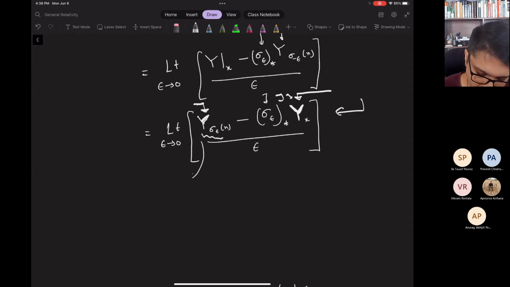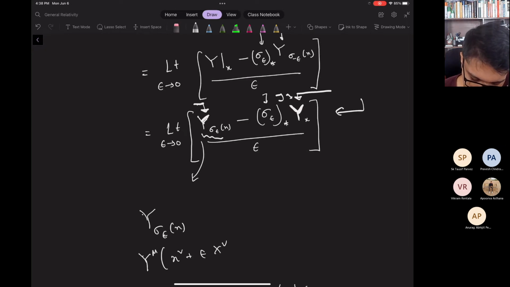then this would have still been your regular y at sigma epsilon of x, which is y mu at x nu plus epsilon x nu. And this is evaluated at the point x plus epsilon x.